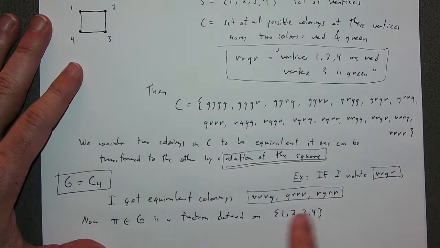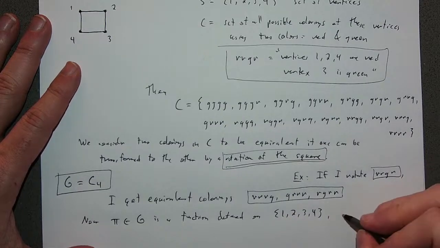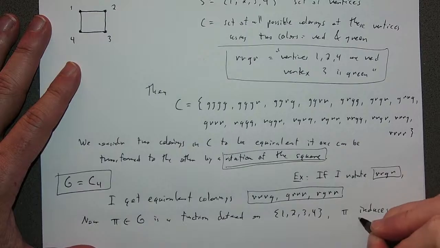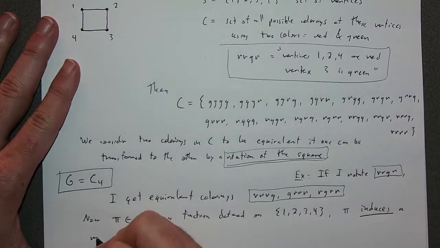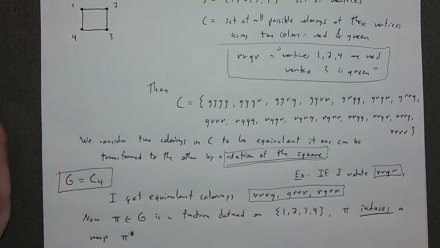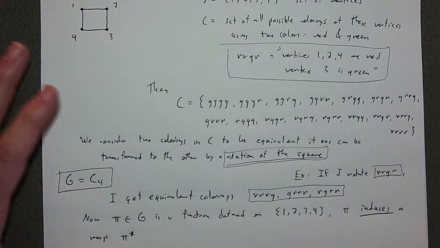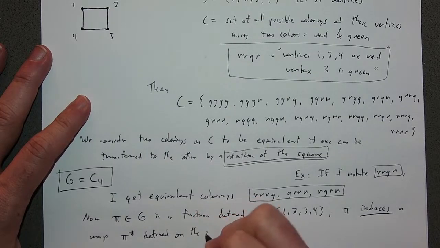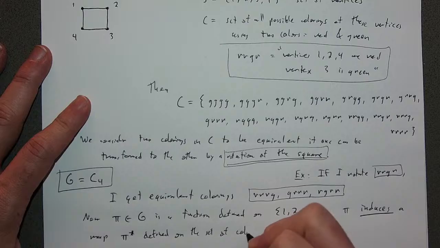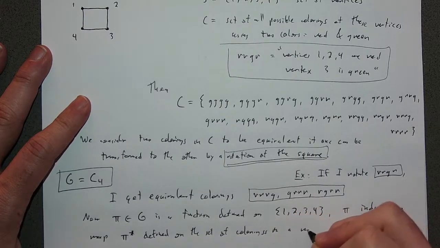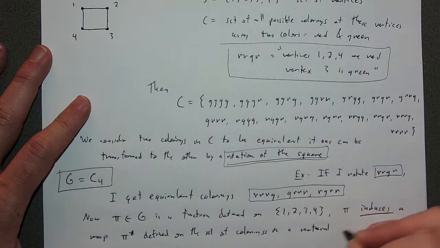Well, even though it's a function defined on this set 1, 2, 3, 4, it induces a map called pi star, defined on the set of colorings, in a natural way.